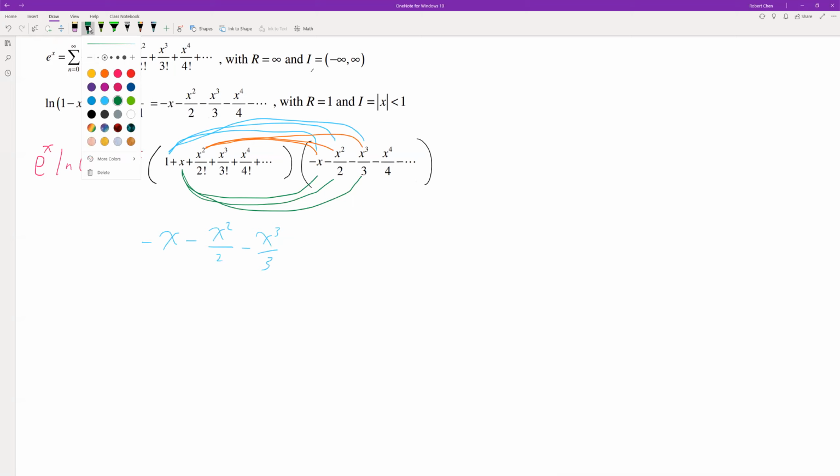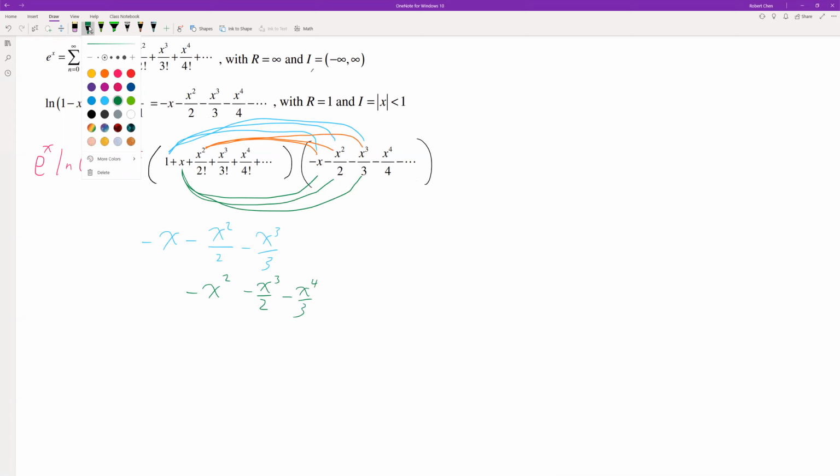Now in green, I have negative x squared, negative x cubed over 2. I don't need to multiply the last term because it's going to be more than 3 terms, but we can still write it out. That'll be minus x to the 4 over 3.